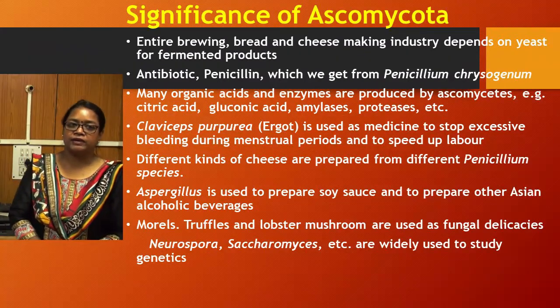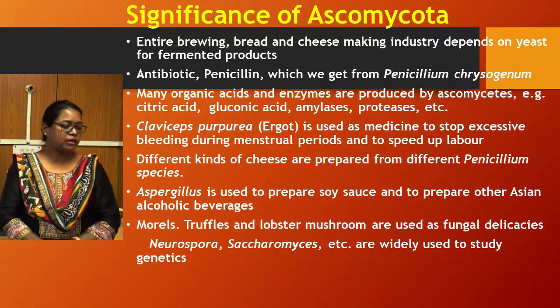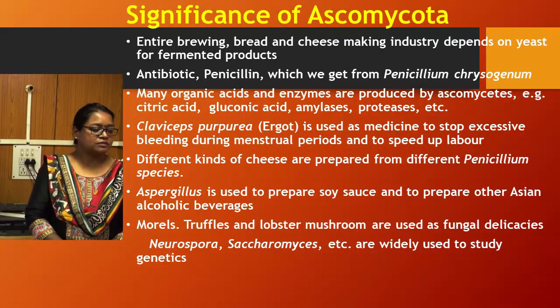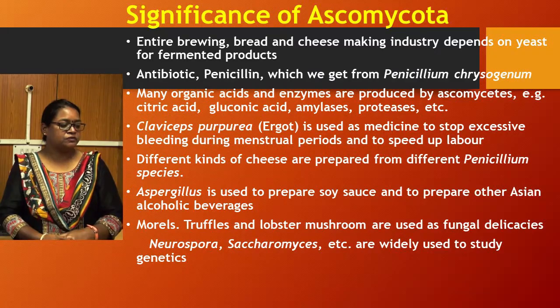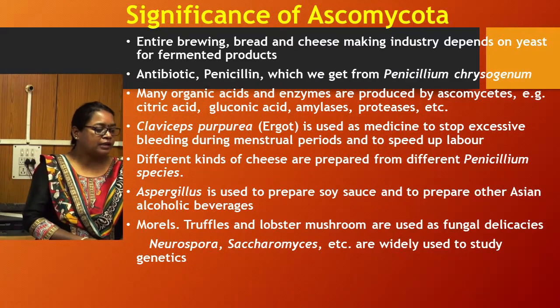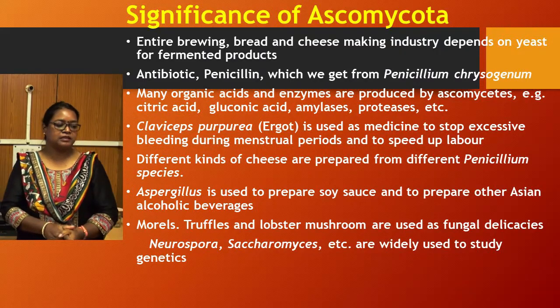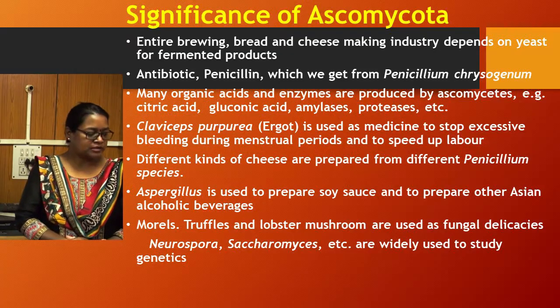What are the significance or contributions of Ascomycota? Ascomycota fungi produce many antibiotics. The first one is penicillin, which we get from Penicillium chrysogenum. The entire beverage, bread and cheese industries depend on yeast for fermented products.